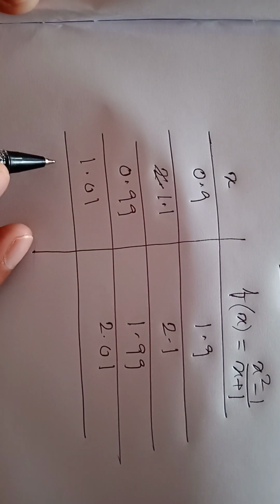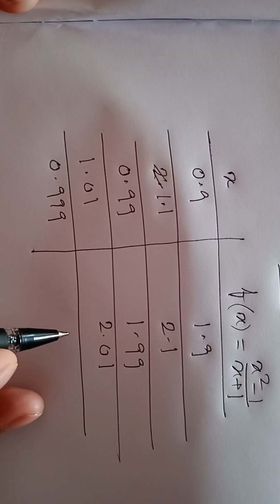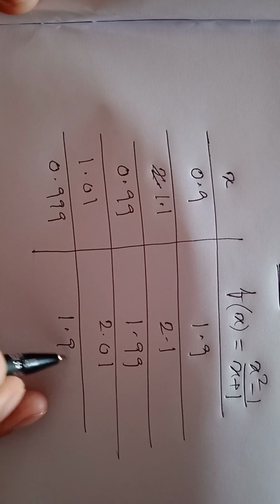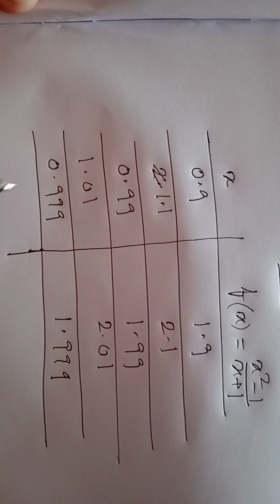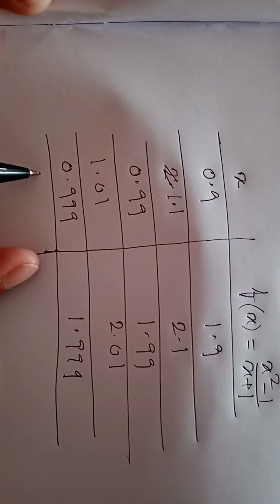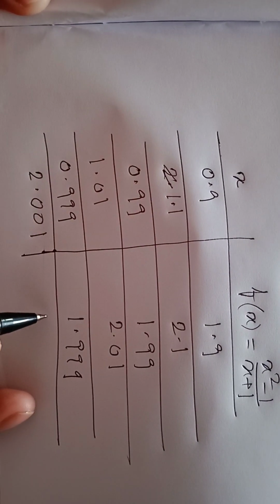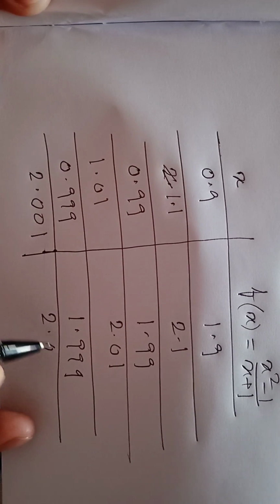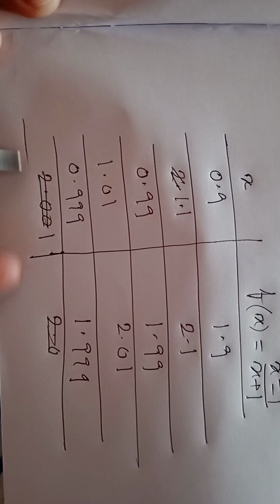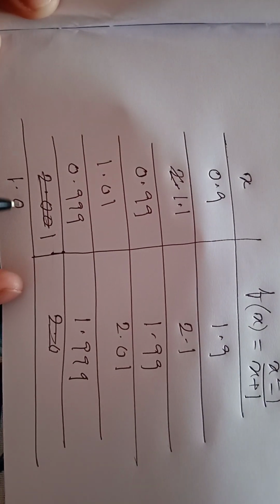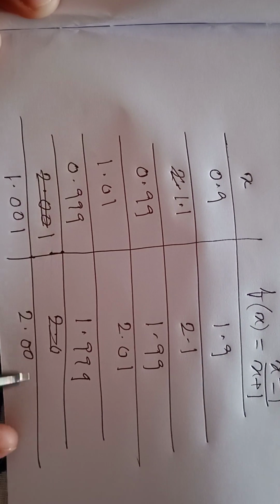Consider x equals 0.999, f(x) is 1.999. Another value, x equals 1.001, f(x) is 2.001.